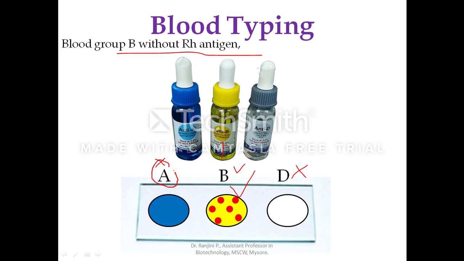Since there is no A antigen or Rh antigen on the surface of the RBCs, they will not interact with the anti-A or anti-D antisera. Such individuals are called B negative, and they do not carry the A antigen or the Rh antigen.